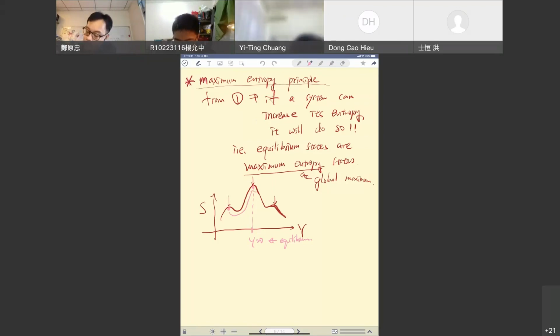So this point is a metastable state, and this one is the equilibrium state. Another metastable state here will also go there. And we can discuss the requirement for a maximum.